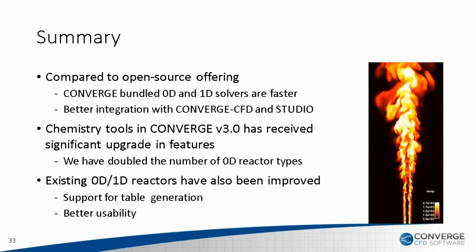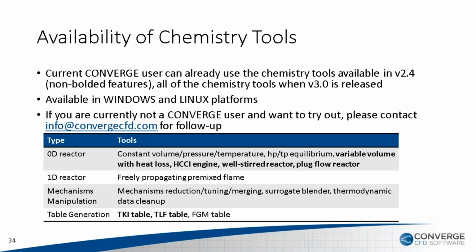For existing features, we have also improved them. Now we have added table generation support, and we have added some output control to give better usability. A lot of these come from our user feedback. We do appreciate it. If you have any feedback, let us know when you're using these tools.